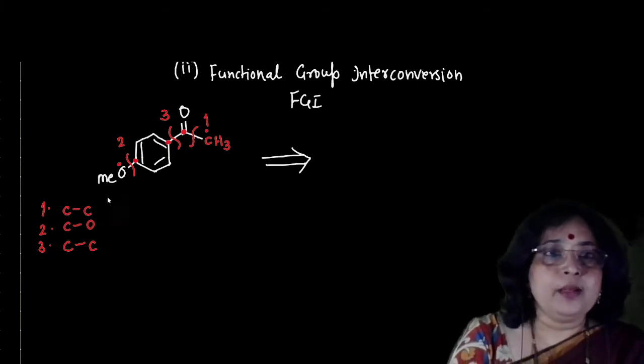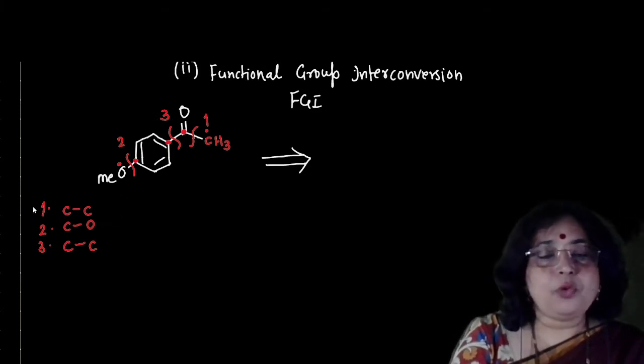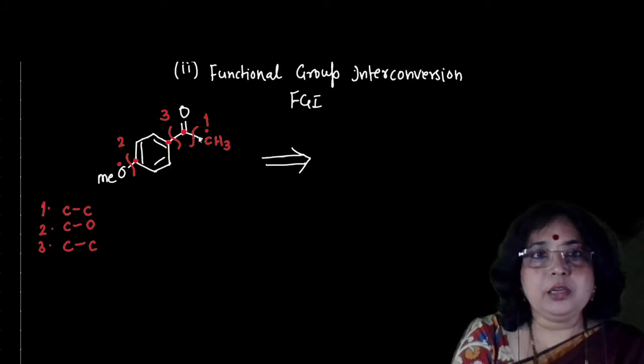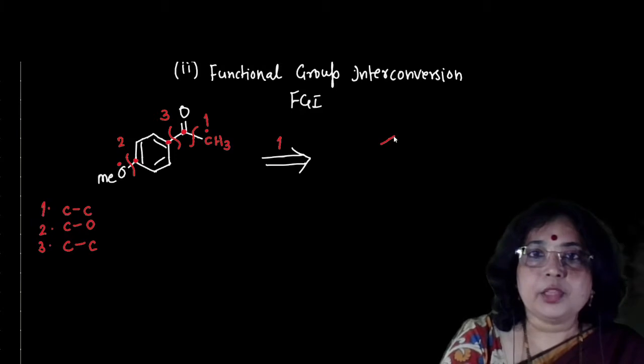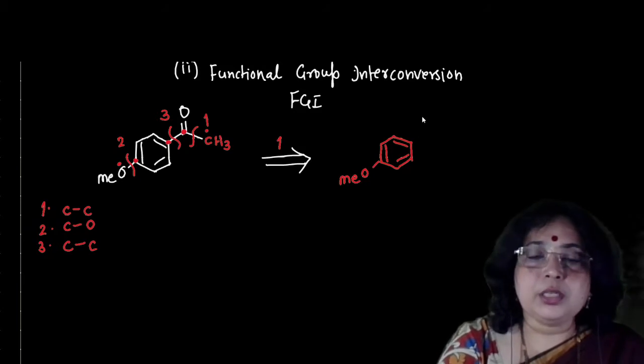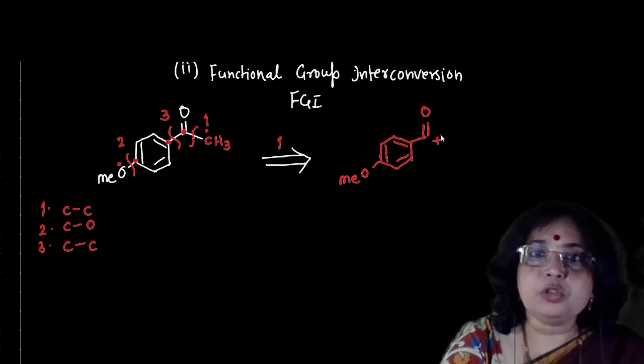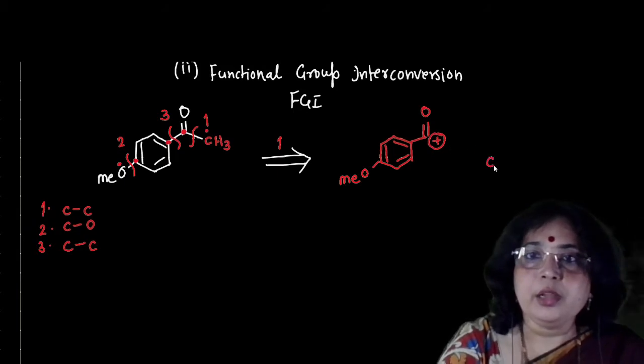Let us see. Let us focus on the first disconnection. Methoxy will remain as it is, and as we know this carbon is always electron deficient, so the positive charge will stay over here and the CH3 will have a negative charge.